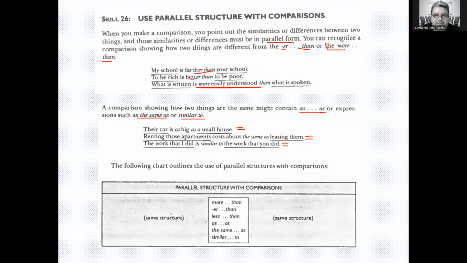So they're both at the same level as well. Okay, so my school, your school, to be rich, to be poor, what is written, what is spoken, phrases, infinitives. So there you go.